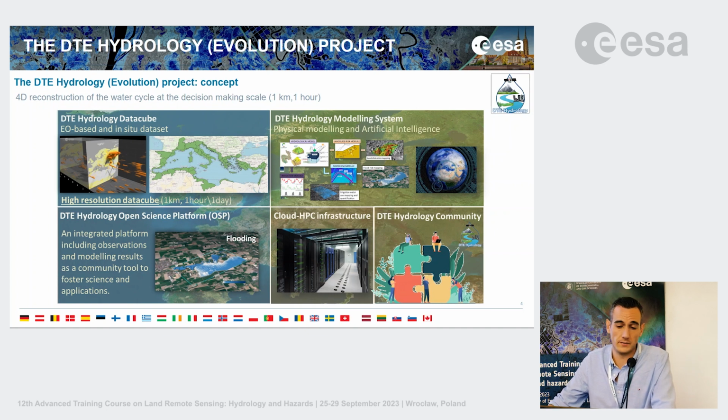So basically there is the data. Here, the important thing is that we are looking at high-resolution datasets, so decision-making scale. Also because the final aim of the tool is to make predictions, to be applied in water resources management, for instance. So we are talking about 1 kilometer spatial resolution and less than 1 day, or at maximum 1 day, temporal resolution.